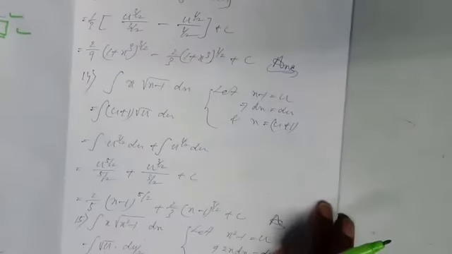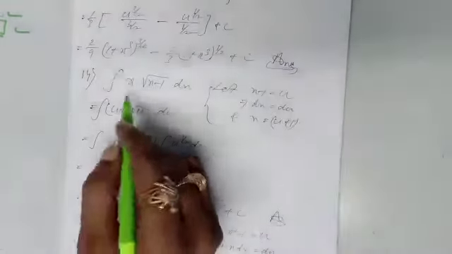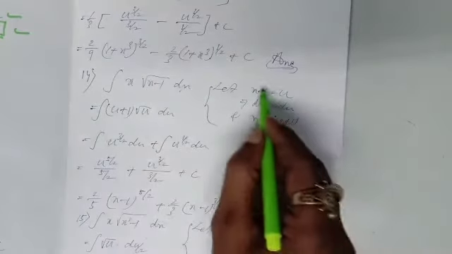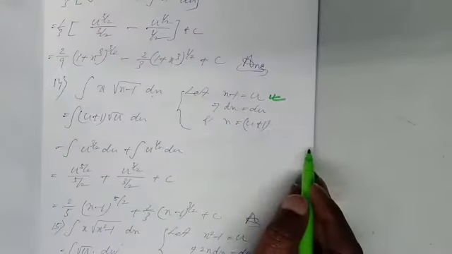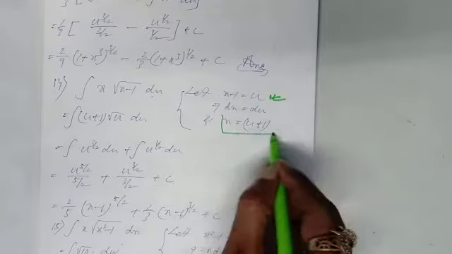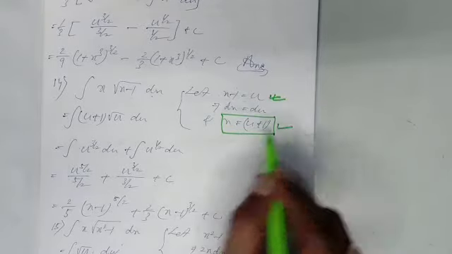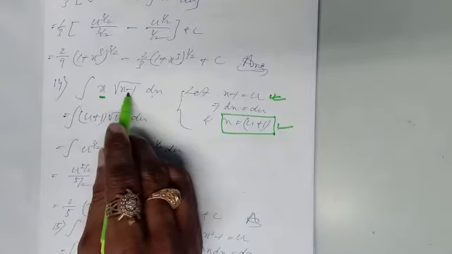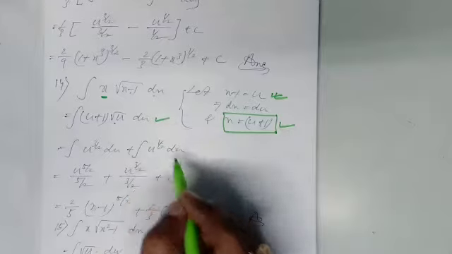Just number 14, you see. Question number 14 it is given x into x minus 1 root over dx. Let x minus 1 as u. Differentiating both sides, dx equal to du and x is equal to u plus 1. Now put the value of x, u plus 1, and this is nothing but u root over. Now open the bracket.